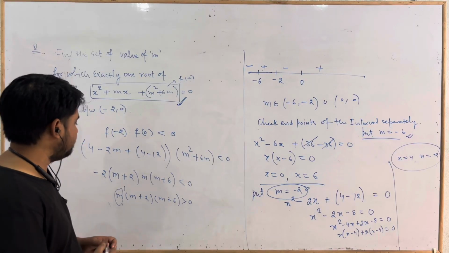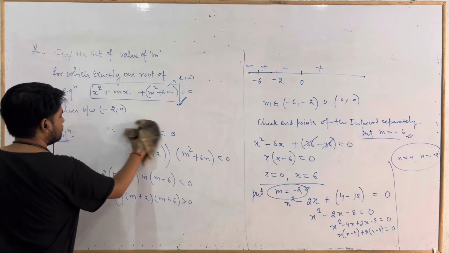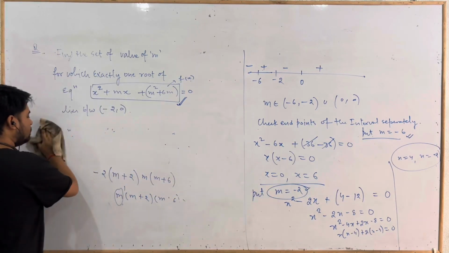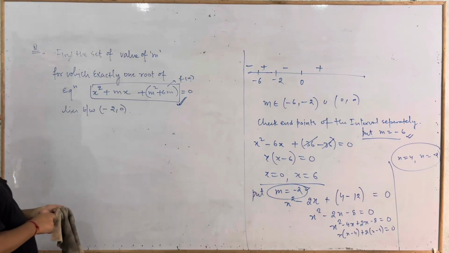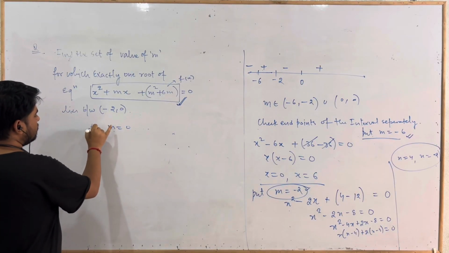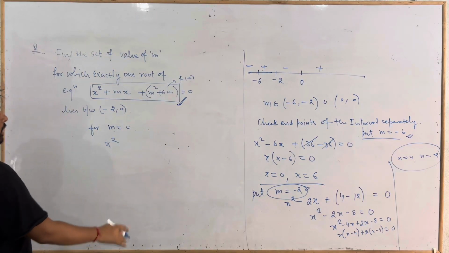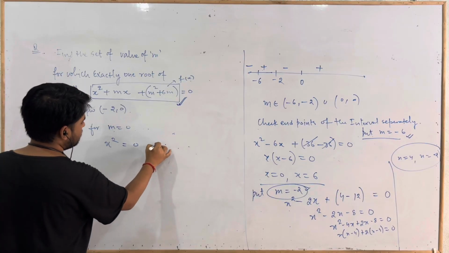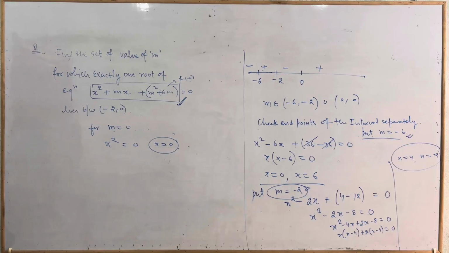Okay, so look at it. For m equal to 0 I am checking. For m equal to 0, x square term will be 0, so x is equal to 0.